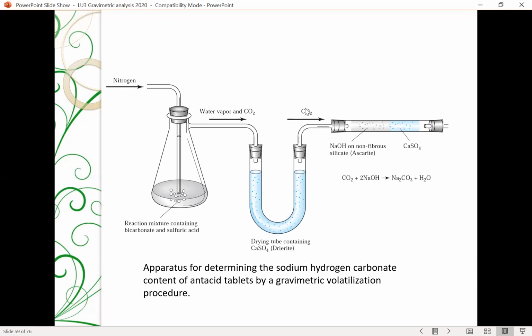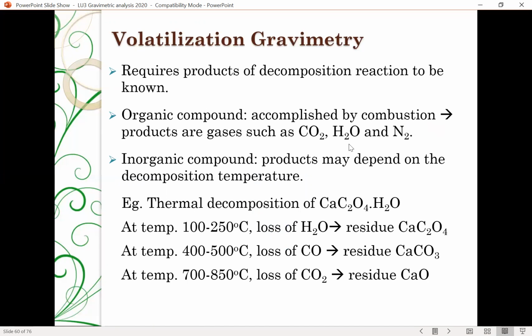So when we have CO2 here, after drying of the moisture, it goes through another tube containing NaOH on non-fibrous silicate and CaSO4. What happens here is CO2 reacts with NaOH to form sodium carbonate and water. From here you can calculate your volatile product, which is the mass of CO2.